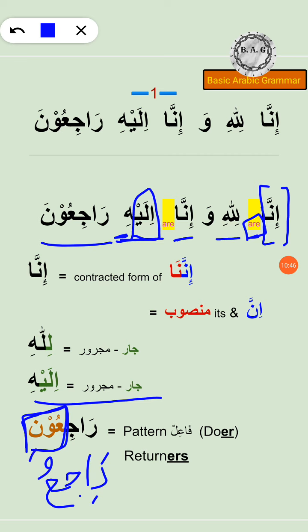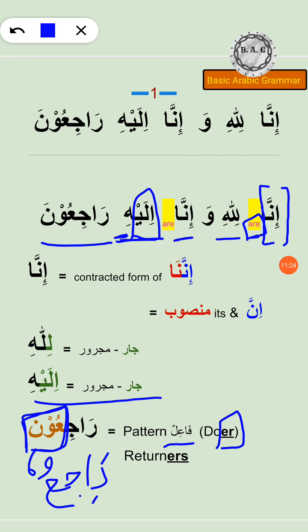And this is the pattern of fa'ilun. What does the pattern of fa'ilun imply? It gives the essence of doer. Just as the suffix er in English is added to any verb, and the resultant derivative becomes a noun that gives the meaning of someone who does something. The one who does something is a doer, the one who reads is a reader, the one who teaches is a teacher, the one who writes is a writer, and so on.